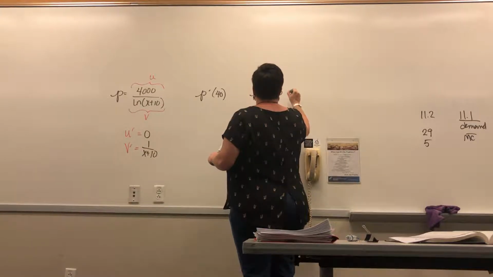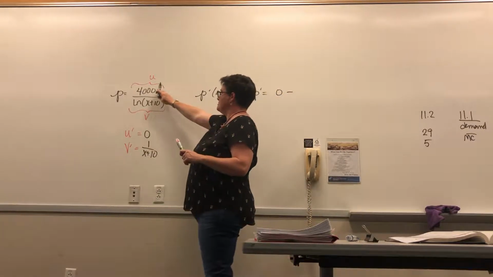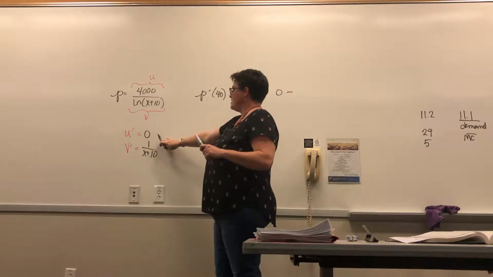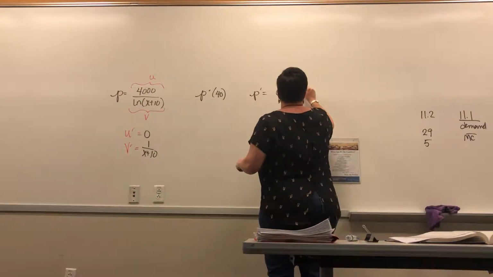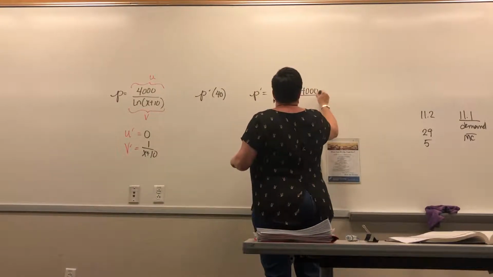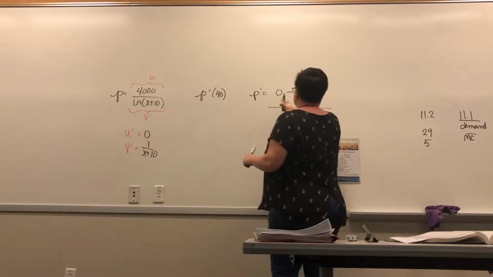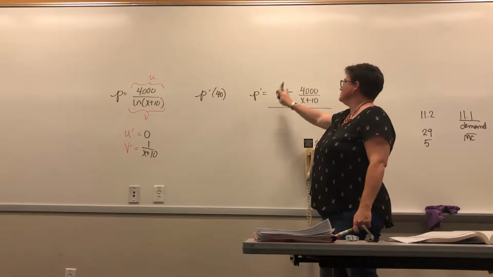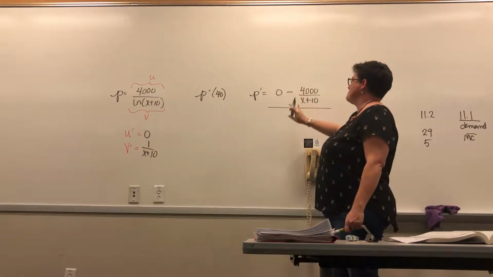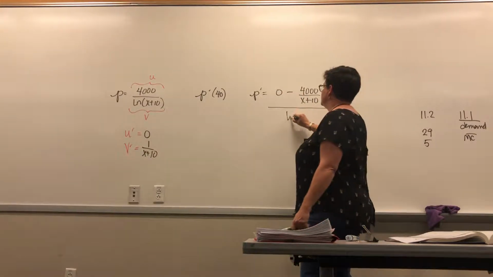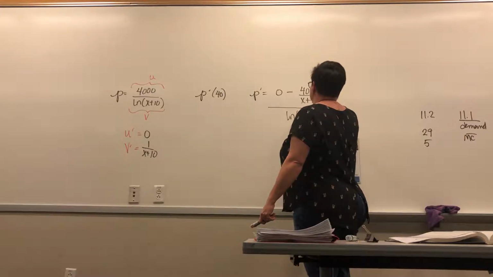Good. Minus U times V prime, so 4,000 times that, which is gonna be 4,000 over x plus 10. So this is U prime V minus U V prime over V squared. Natural log of x plus 10 quantity squared.